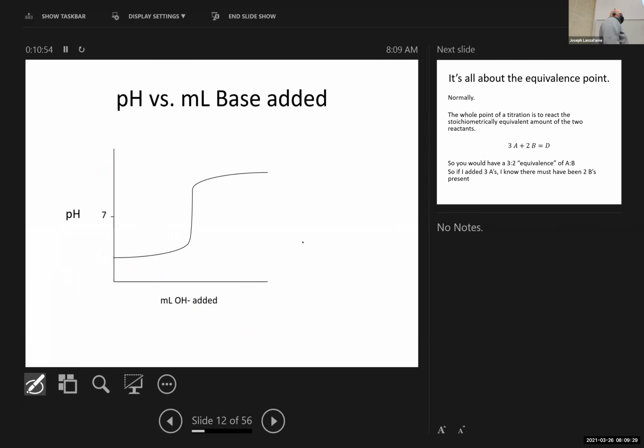But what you get is a fairly gradual change in pH initially, and you get a very gradual change in pH at the end, right? But in the middle, you have a much more rapid change in pH, right? And that's really the log nature of pH.